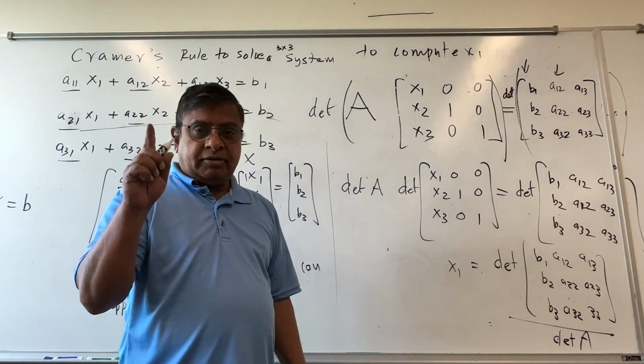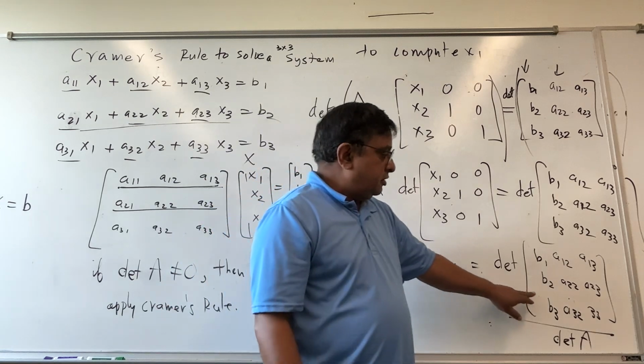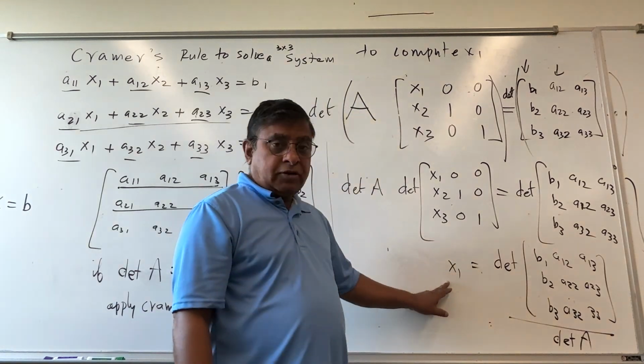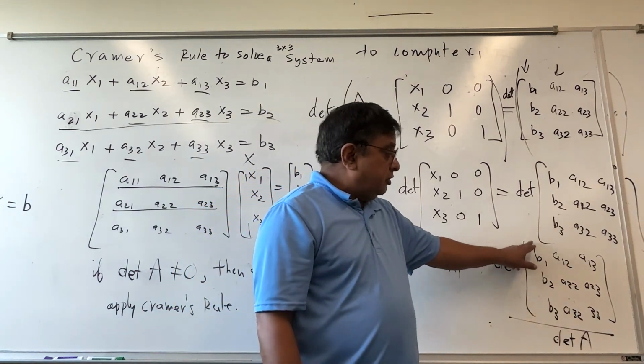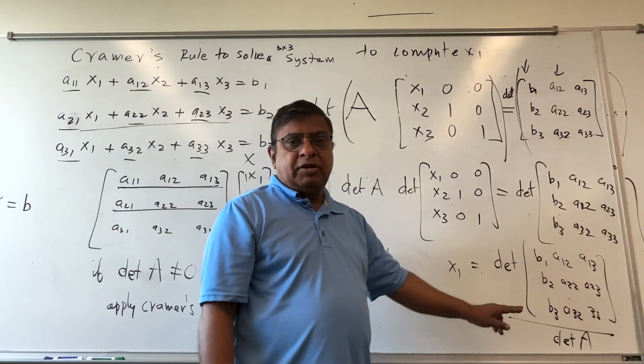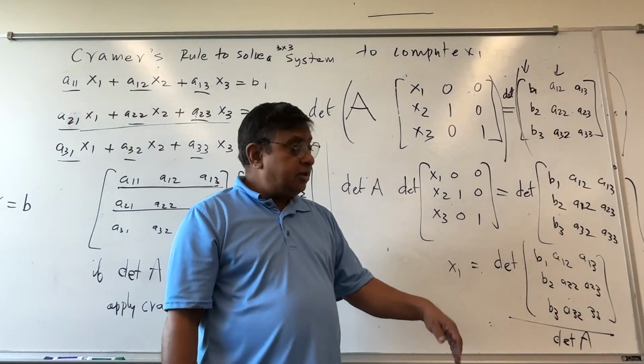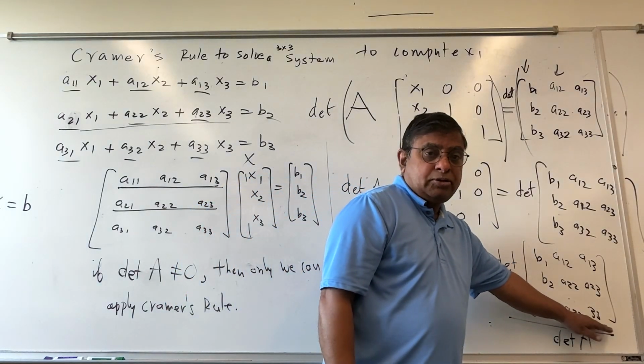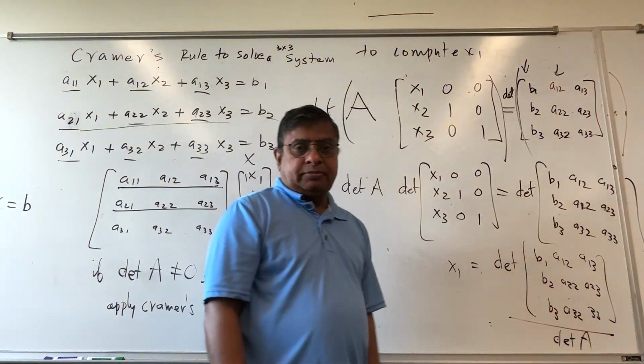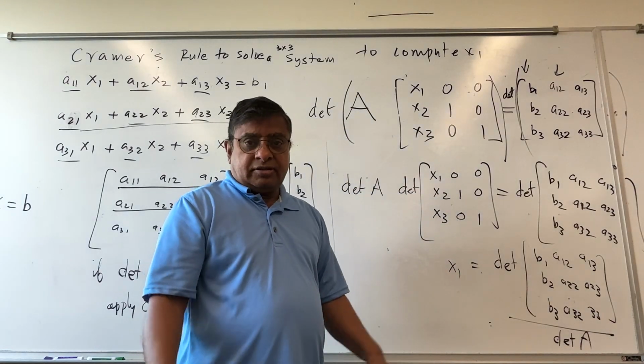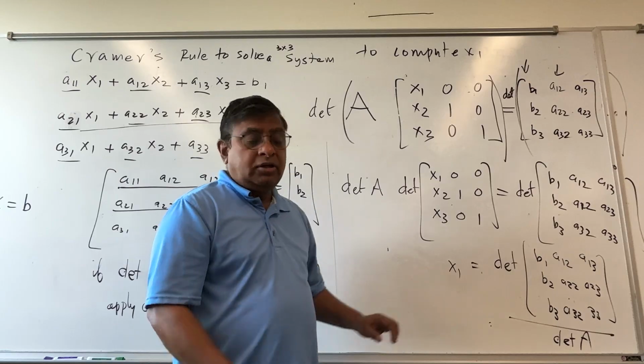Okay? Let me repeat that. In the top, for the first variable, you replace the first column by B1, B2, B3, that's the output matrix, and keep the remaining two columns and divide by det A. That's it. That's the formula for x1.